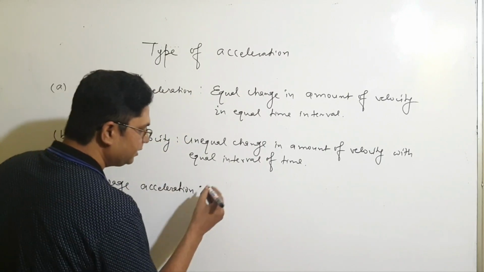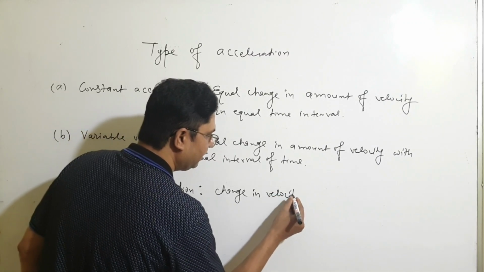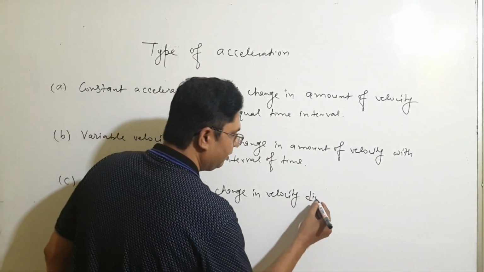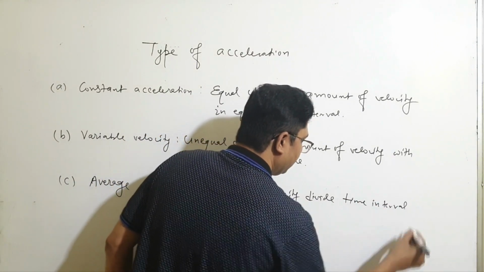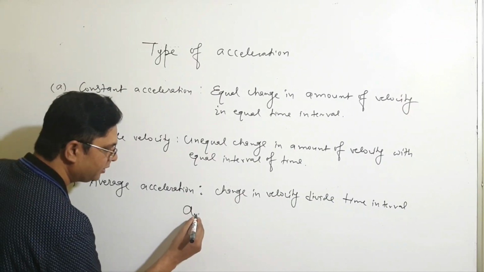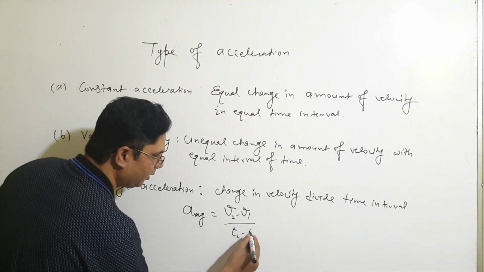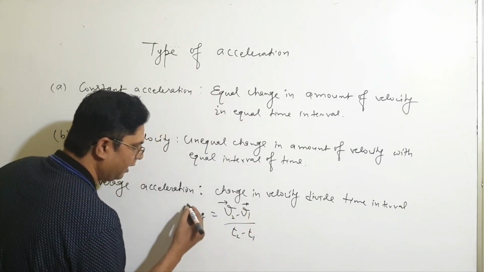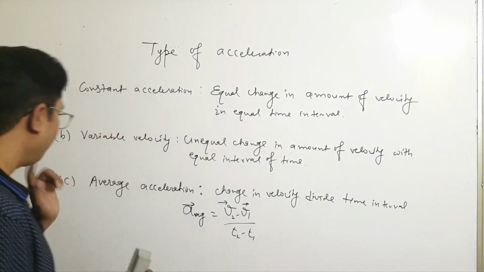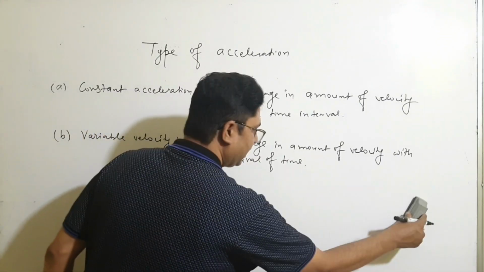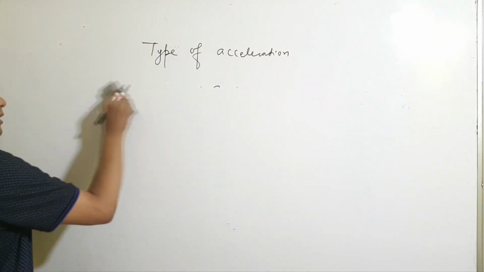This means that a average is equal to v2 minus v1 divided by t2 minus t1. Now you have instantaneous velocity. Velocity of an object at a given instant of time is said to be instantaneous velocity.